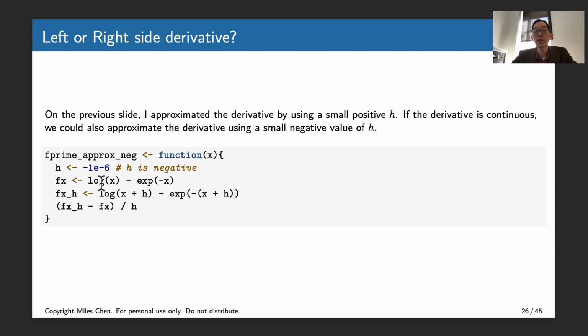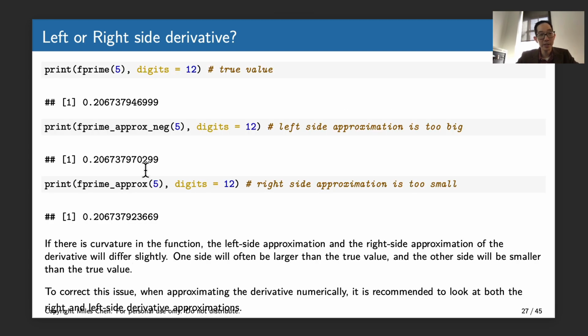All right, so here I have f prime approximate negative is the name of my function, and it's the exact same function. The only thing I've done is I've made my h a negative value of negative 10 to the minus 6. Okay, and if I do that, again, my value is very close, but let's just compare what it looks like to the true value.